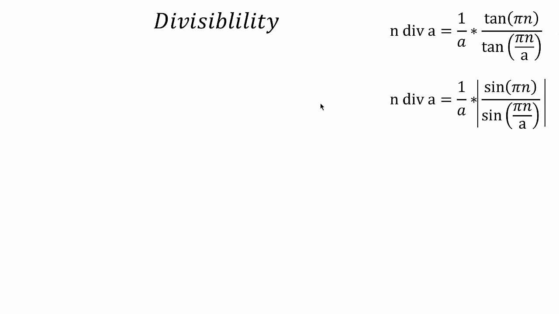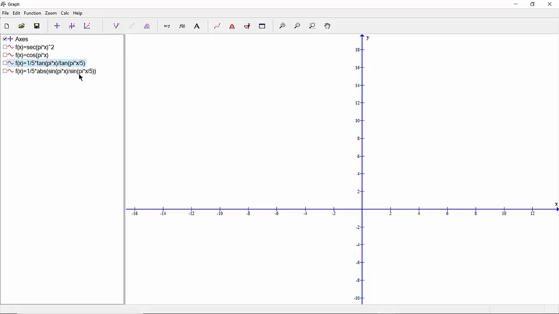Now let's look at the graph and how it works. This is open software called Graph, where you can easily draw the graph of different functions. For example, the first function is the function that will say whether a number is divisible by 5 or not.